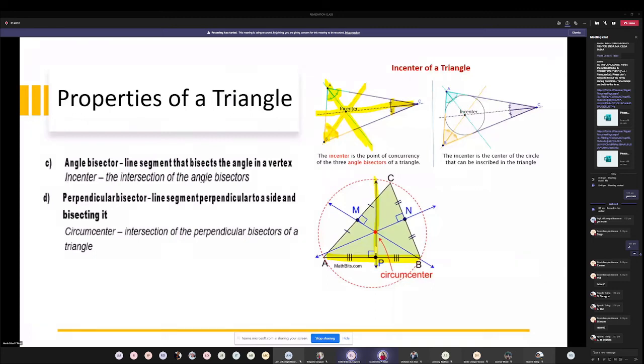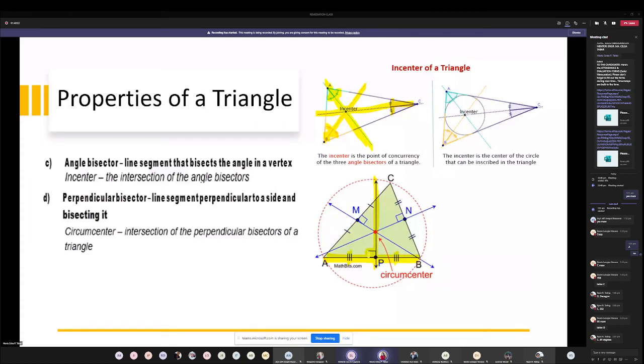It bisects side AB, that's why we have this congruency symbol, the three vertical lines, and three vertical lines also for this right part, meaning they are congruent. So it bisects the side AB, and at the same time it's perpendicular, so it forms a 90-degree angle with the side that it is bisecting.